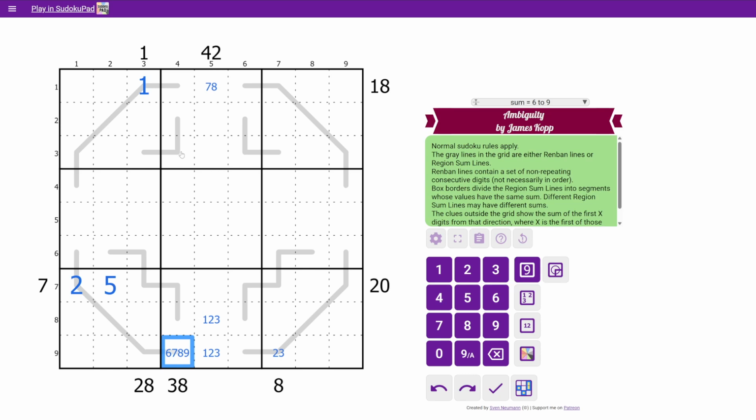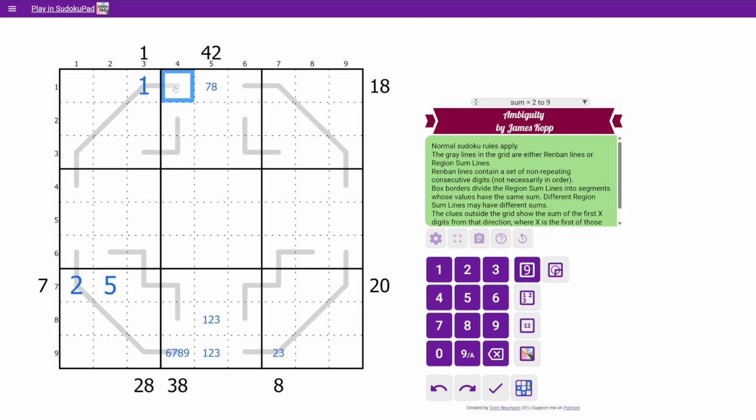Yeah, I reckon this could be a 1, 2, 4. That'd be 7 left over, which would mean these 3, 6 would be 38. 1, 2, 4.